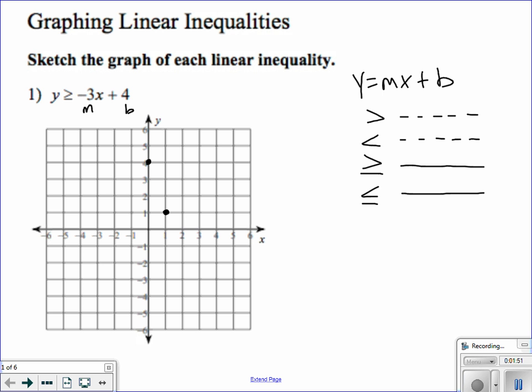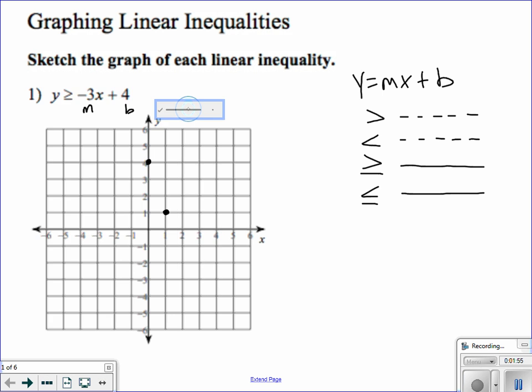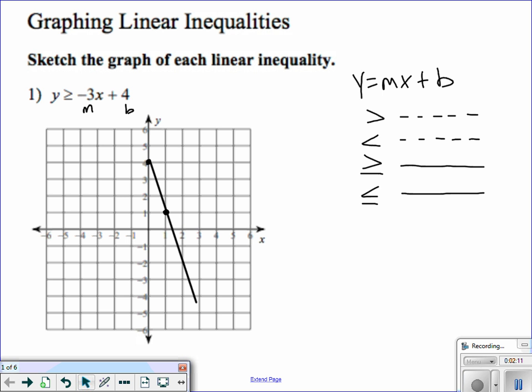Now I can go ahead and make my line. And because it's greater than or equal to, I'm going to have a solid line. Okay, so we've got our solid line there.